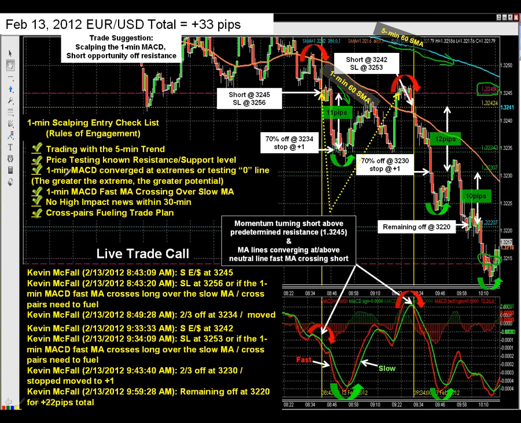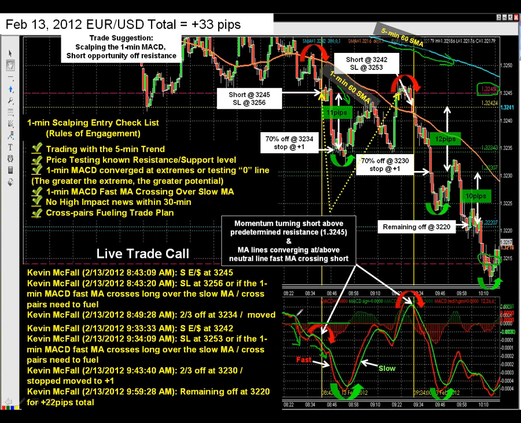Then, is the 1-minute MACD converging at extremes or testing the zero line? Here are our MACD lines, and here's your zero line, right where the histogram is. And yep, we've been testing this line. We're trying to break down short on this MACD line as well. Is the fast-moving average crossing over the slow-moving average?